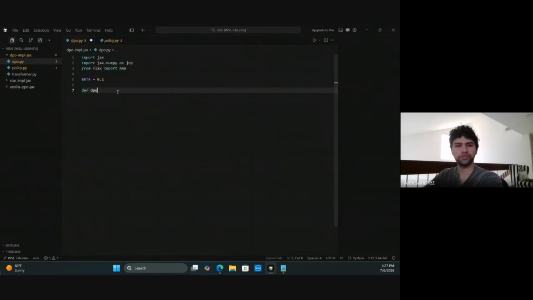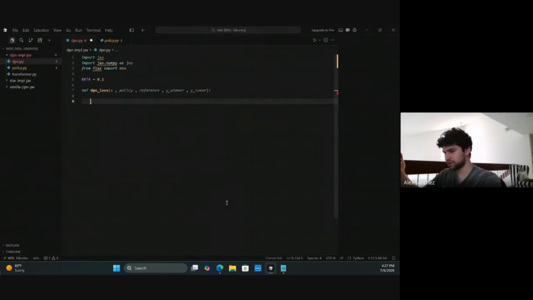And so what we're going to do is define a DPO loss. In here, what we're going to pass through is the prompt, our policy model, our reference model, our winner Y, and our loser Y. Let's think again about what we're doing.